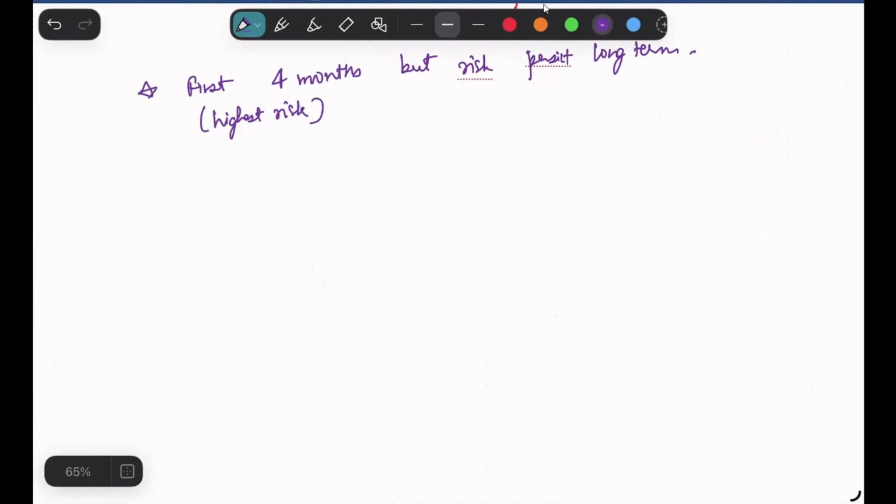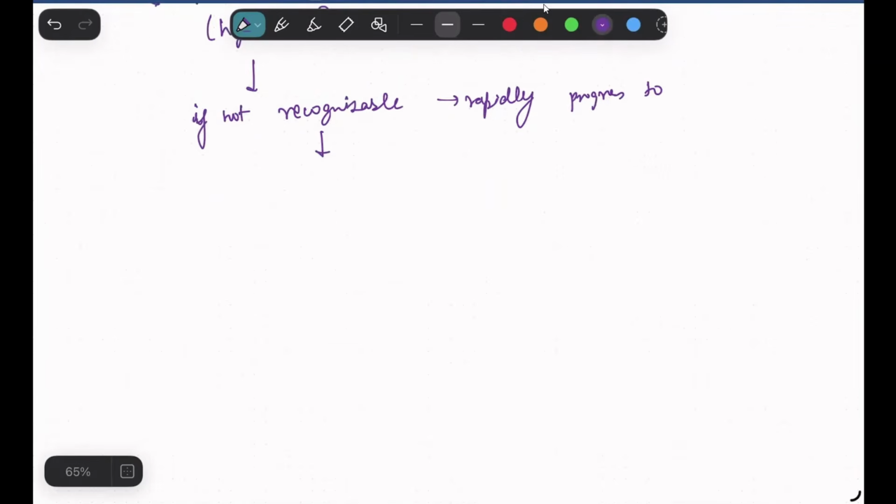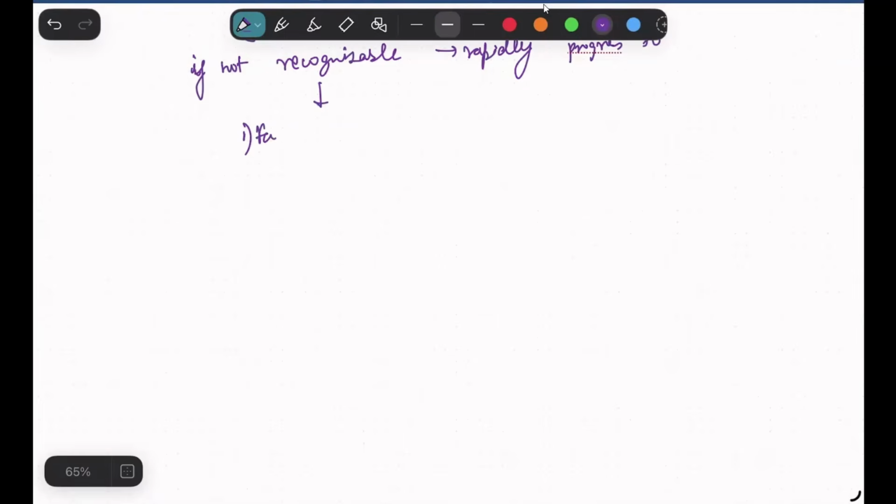And if it is not recognized, it can rapidly progress to fatal paralytic ileus, bowel obstruction, which could lead to bowel necrosis.